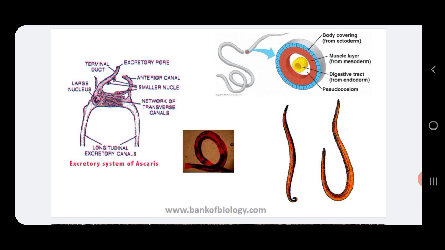Like in the phylum Porifera, the important feature was the presence of ostia or choanocytes. In Porifera you have choanocytes, or the collar cells, or the presence of a canal system, which were the important characters of this phylum.